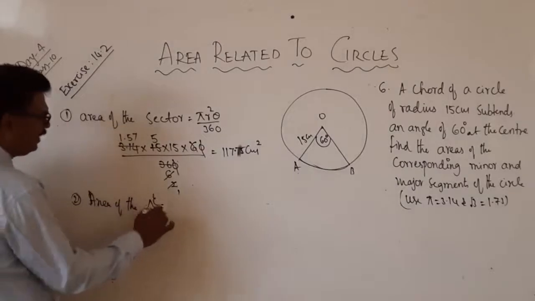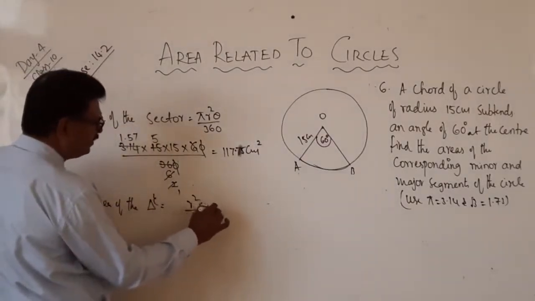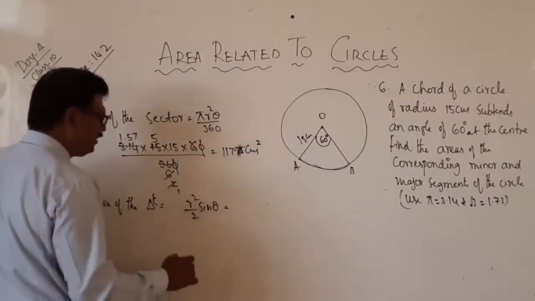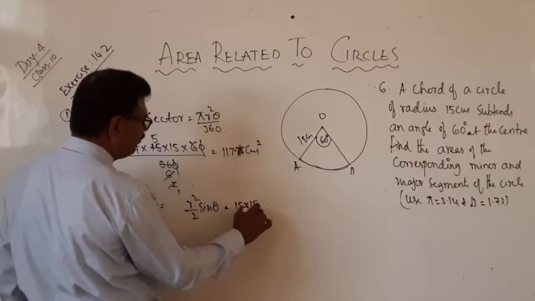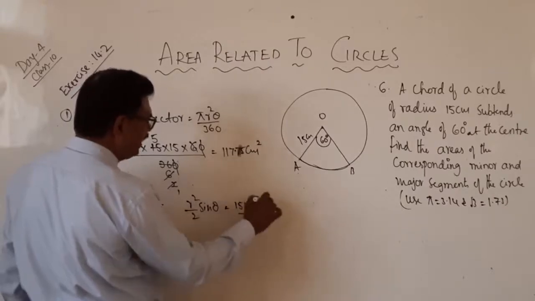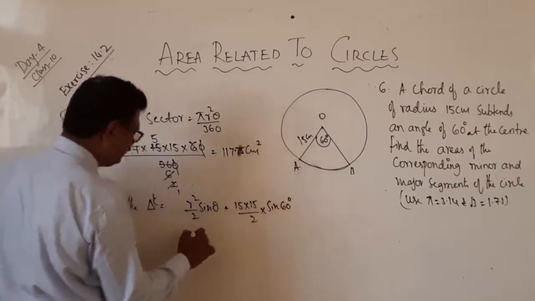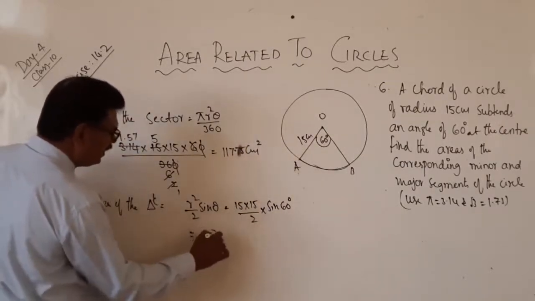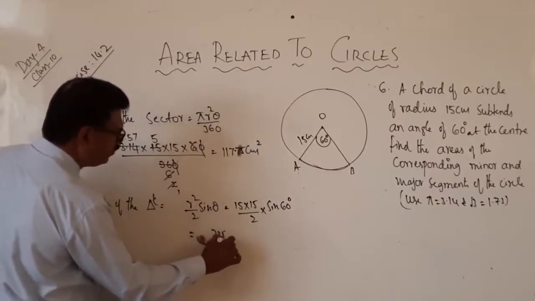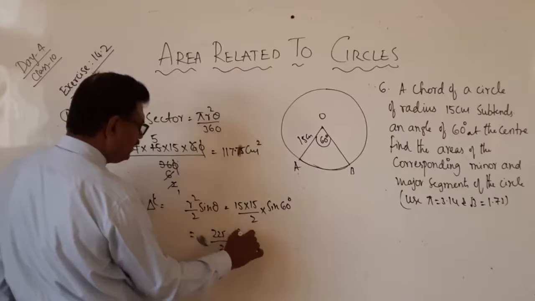Area of the triangle is r square by 2 sin theta. It is nothing but r square is 15 into 15 by 2 into sin 60. It is nothing but 225 by 2 into sin 60, which means root 3 by 2.